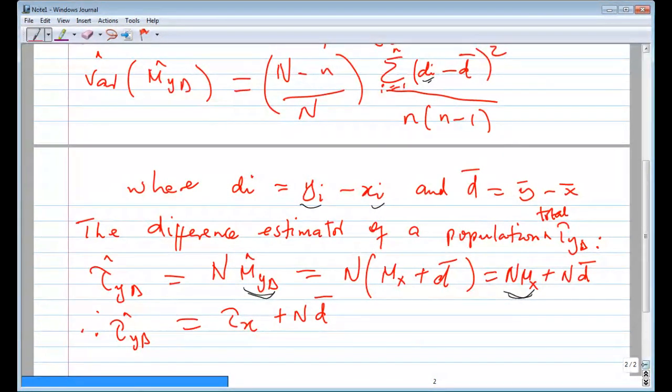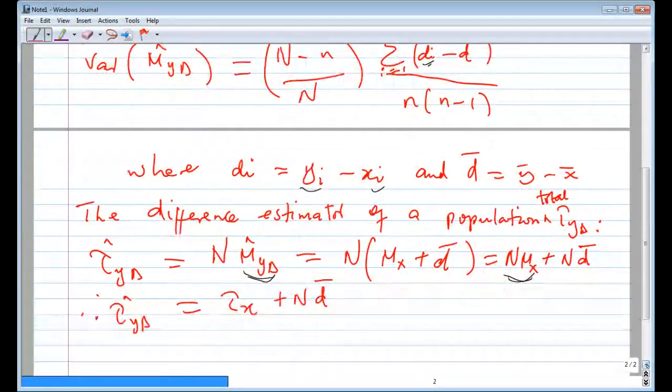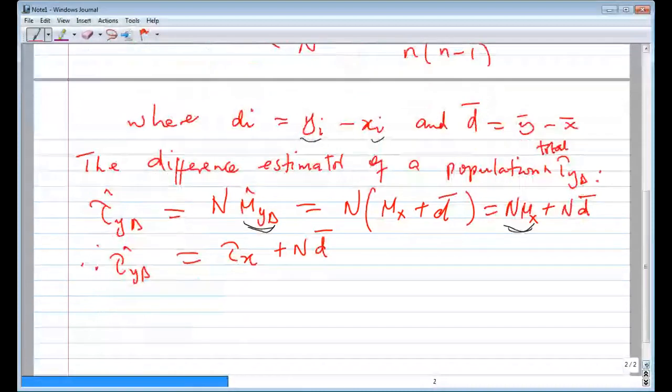So let's proceed and find the estimated variance now. Estimated variance of that estimator. In other words, the estimated variance of the estimated population total under difference estimation.